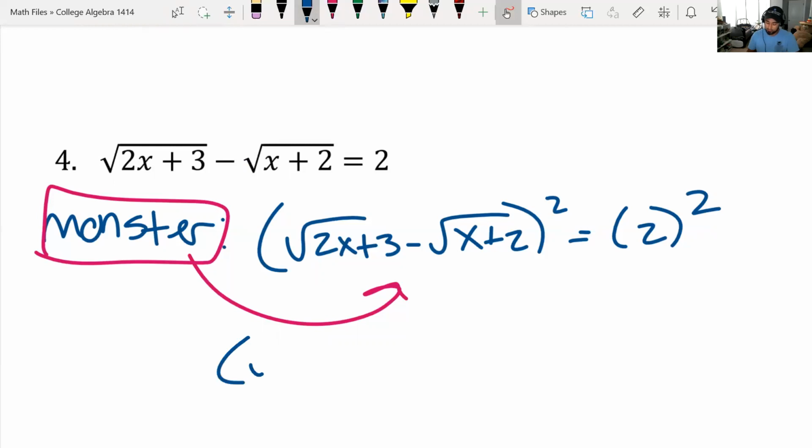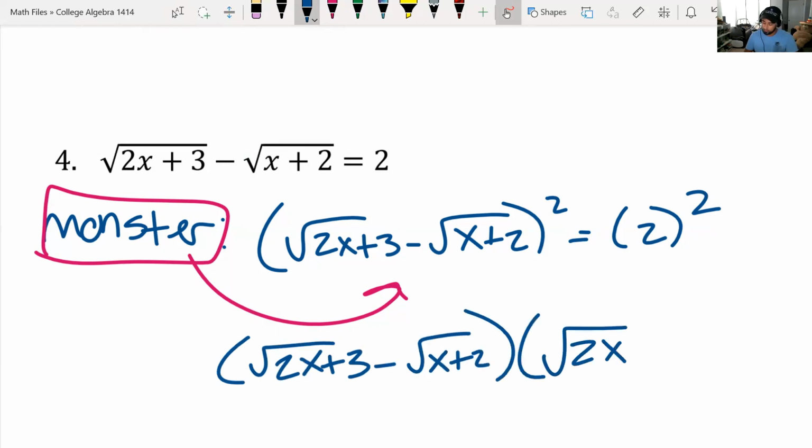So this would become square root of 2x plus 3 minus square root of x plus 2, times square root of 2x plus 3 minus square root of x plus 2. Now, nobody other than me would enjoy FOILing this.